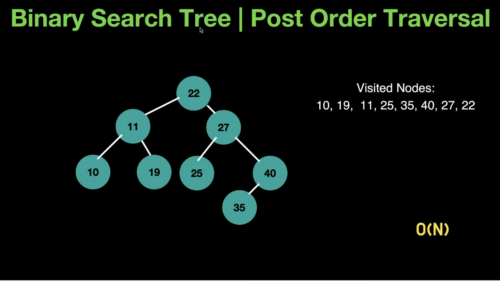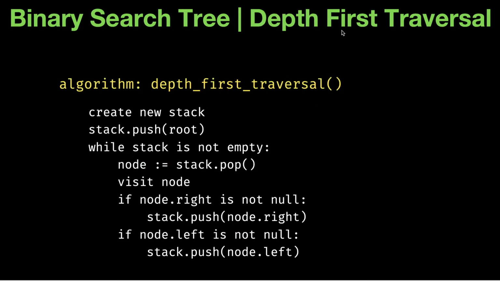All binary search trees are binary trees themselves, but they have another unique property, that all of the nodes should have values less than themselves in the left subtree and greater than themselves in the right subtree. That is an extra feature that a binary search tree should have. That is not necessary in the binary tree. I hope your question got answered and you understood. Let's move on to the next algorithm, that is depth first traversal.